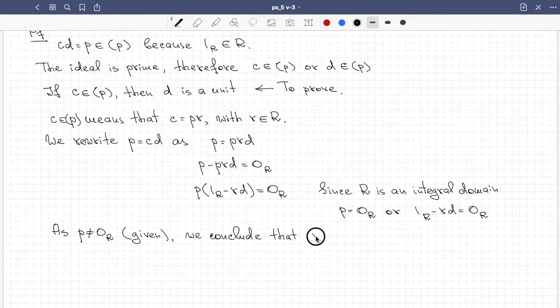We conclude that RD is equal to 1, which by definition means that D is a unit.